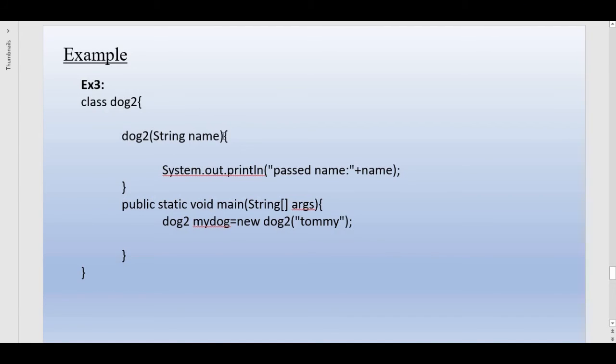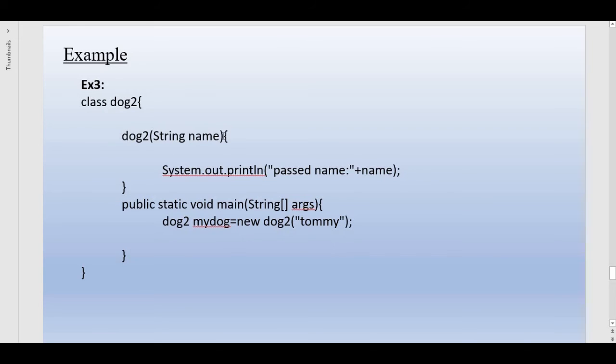Examples. We consider so many examples. The first one is class Dog2. Inside the class, there is the main method and a constructor with parameters. Inside the method, we create an object. The object name is myDog, and we give the values to the object by using the parameterized constructor.